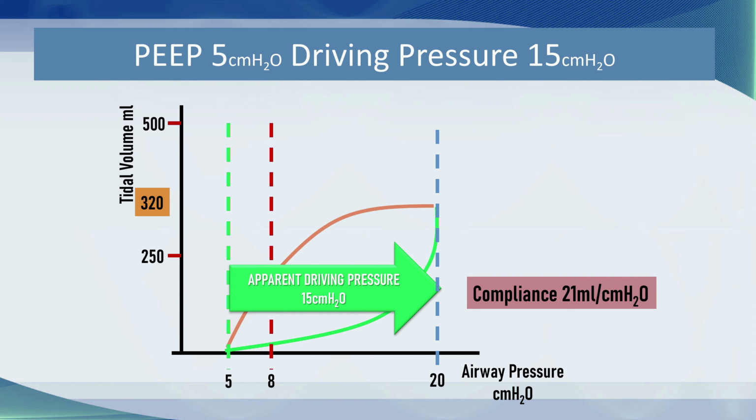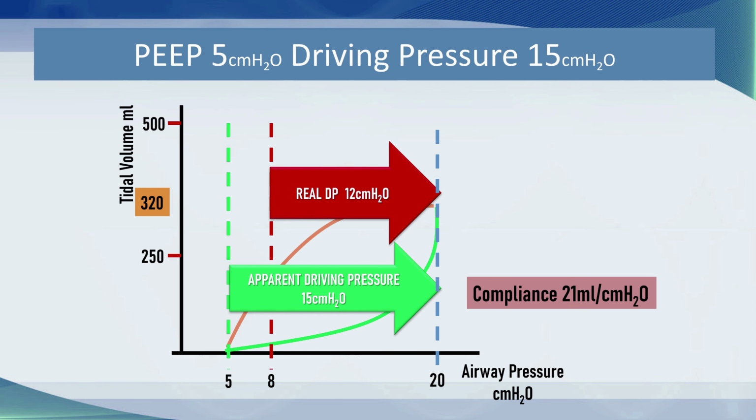However, the ventilator does not know that auto-PEEP is there, so when it starts the next breath, all it wants to achieve is a plateau pressure of 20, and included in that figure is a hidden 3 centimeters of water of auto-PEEP. So the real driving pressure is 12 centimeters of water, and the real compliance is 26 mils per centimeter of water. So how did the moderate level of PEEP sort out this problem?